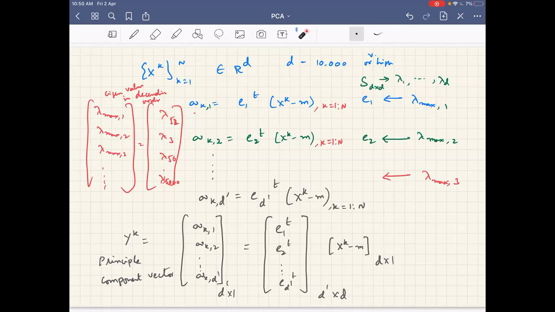If the first maximum eigenvalue is lambda max 1, the second is lambda max 2, the third is lambda max 3, the corresponding eigenvectors E1, E2, E3 are considered for projecting the data. Similarly, for D dash dimensions, we consider the eigenvectors corresponding to the top D dash eigenvalues. And we have seen a compact representation of the principal component vector as we project onto more dimensions.